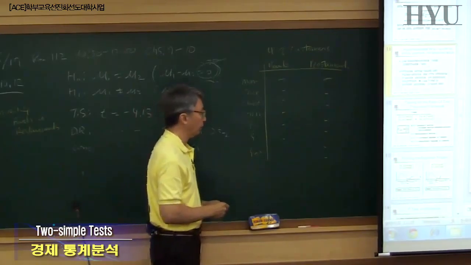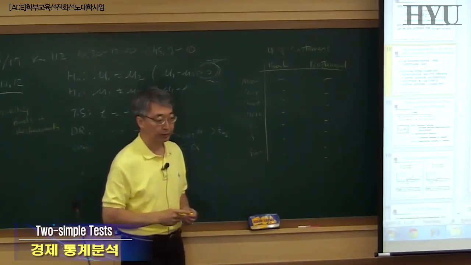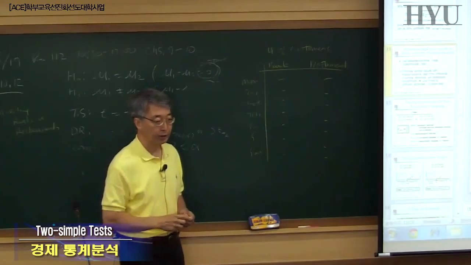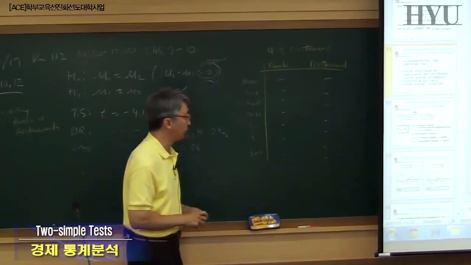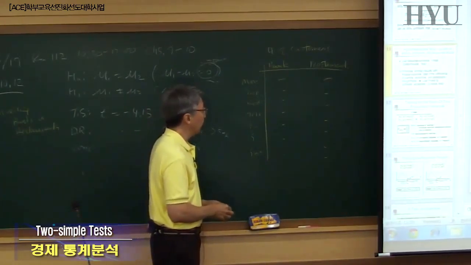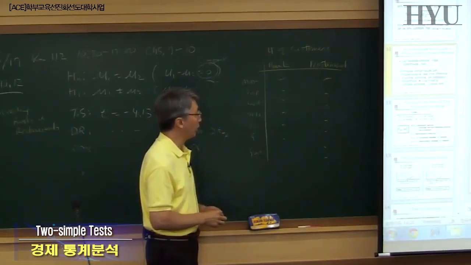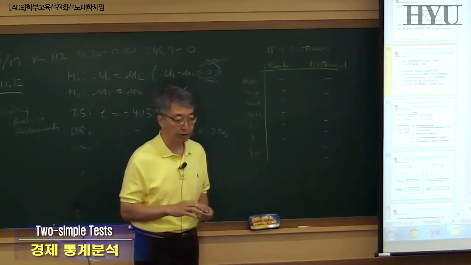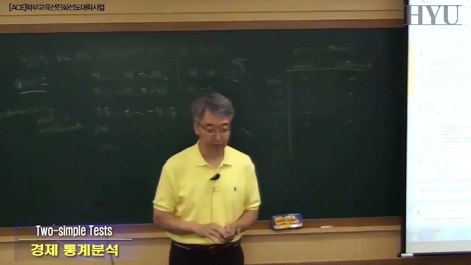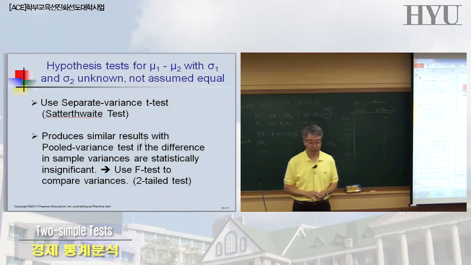But in the bank, you probably go to conduct some business, your personal finance or whatever. So you cannot assume that two different populations have equal variance. Then maybe you have to assume unequal variance, or at least you have to test.